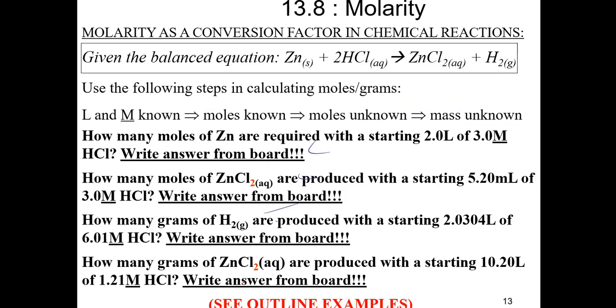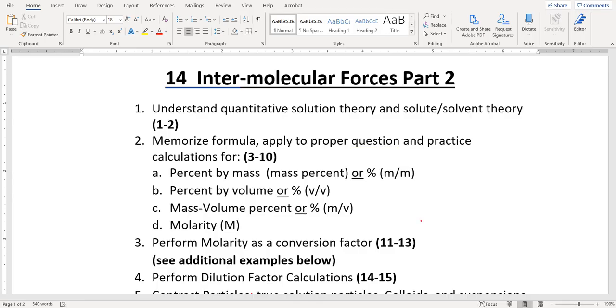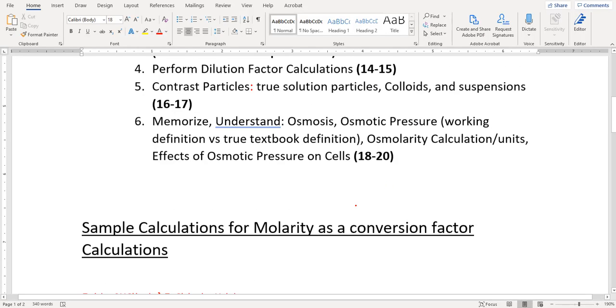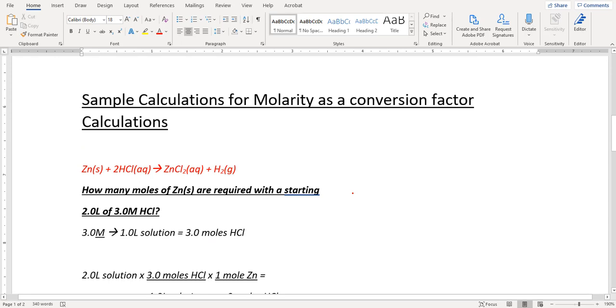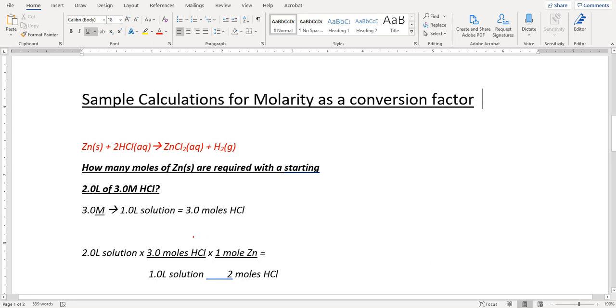I have the setup already created in the outline examples. So if you go to the front of the slides, you'll see the outline and examples. So here's the outline. Under the outline, we have sample calculations for molarity as a conversion factor, although that word calculations is a bit redundant.